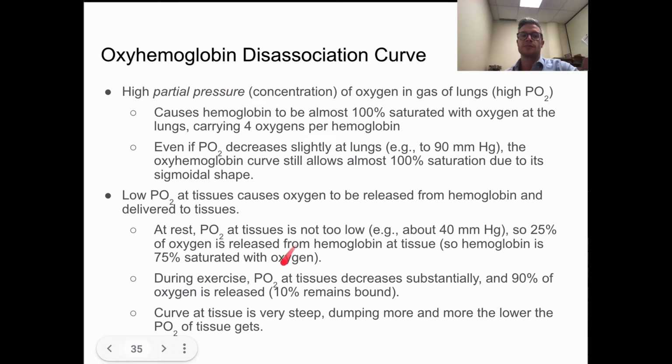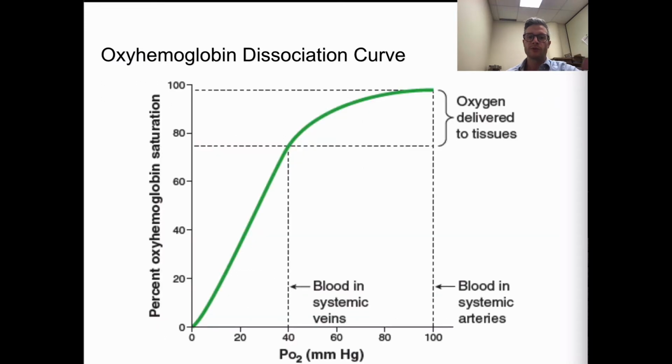The difference is when we start exercising, okay? So the tissues obviously needing a lot more oxygen for aerobic respiration, and so 90% of oxygen is released from hemoglobin. So how does that look on this curve? Where could we find that information? Well, if we look here, and we'll go here.